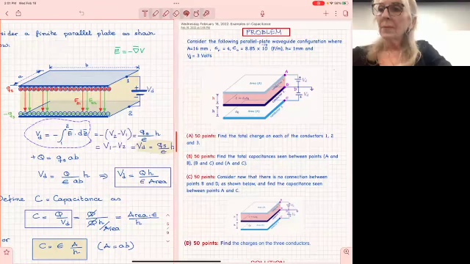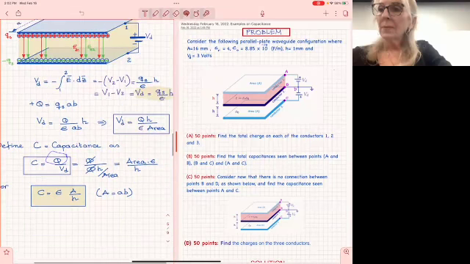This is the integral that comes out of the relationship between the electric field and the potential. I've seen this before. And then from the voltage and from the total charge, we now define the capacitance of this parallel plate capacitor.